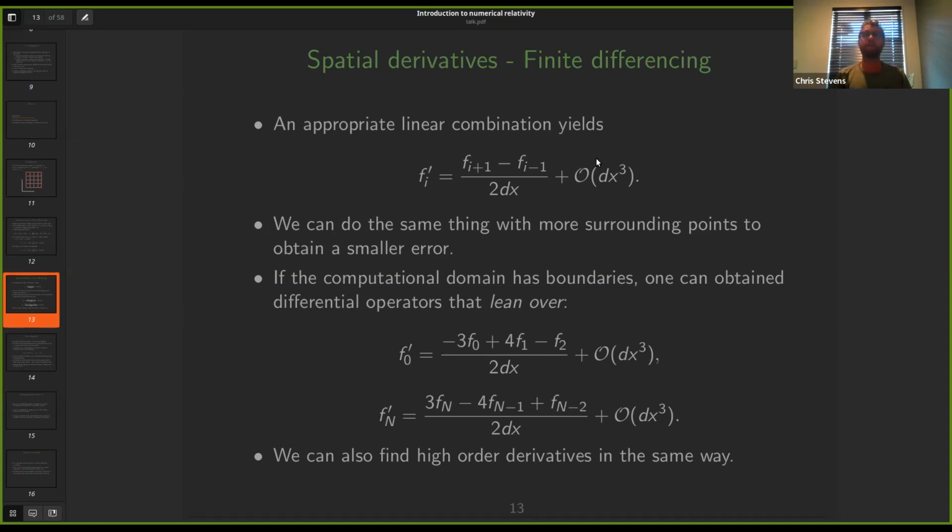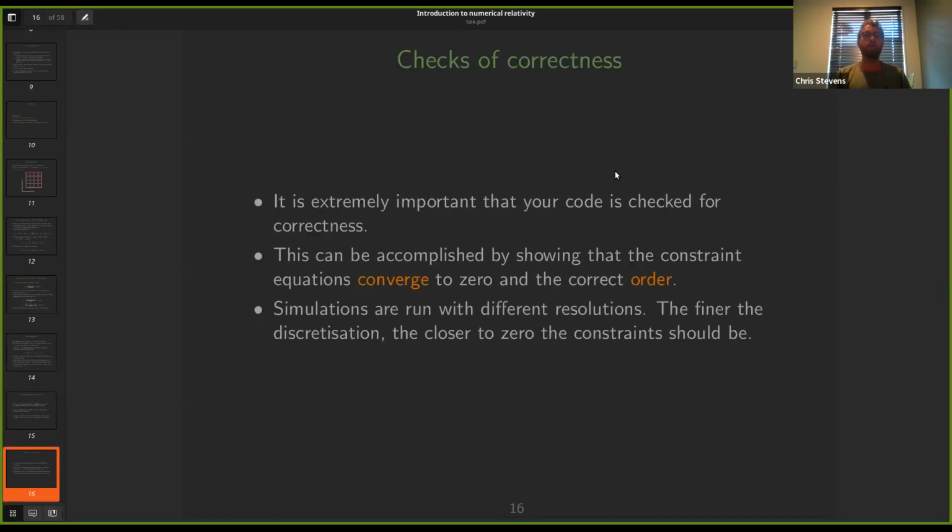And so obviously, as you've got a larger n, as you say double the number of grid points or halve this, then it's going to go down quicker. So not only do your constraint equations need to be shown to converge to zero, but to be rigorous, you should show that they're converging at the order that is predicted by the numerical techniques that you're using.